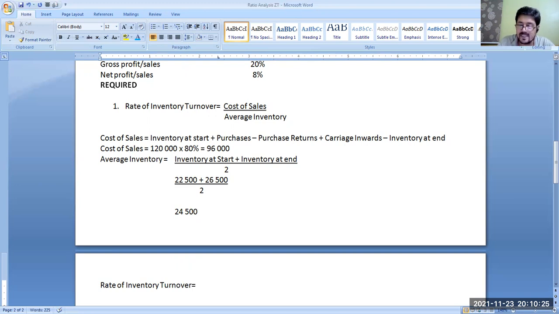Cost of sales 96,000 divided by average inventory 24,500.